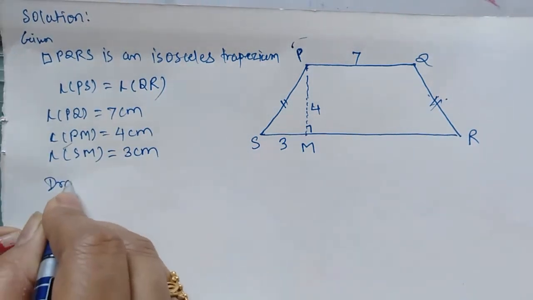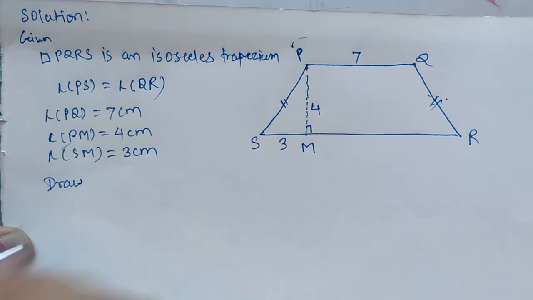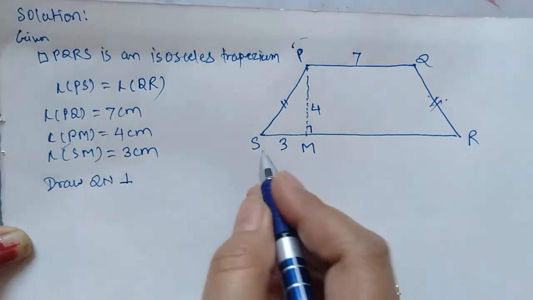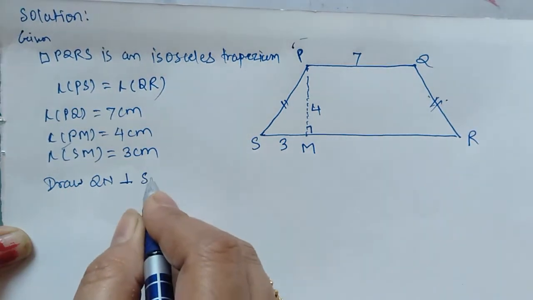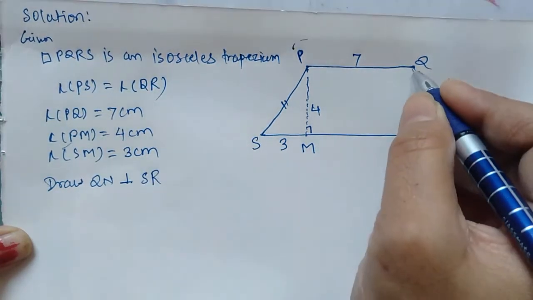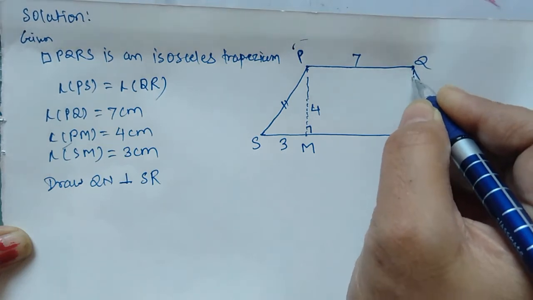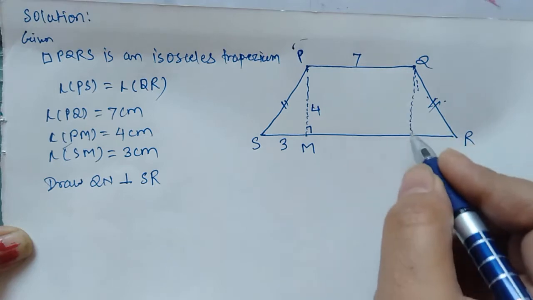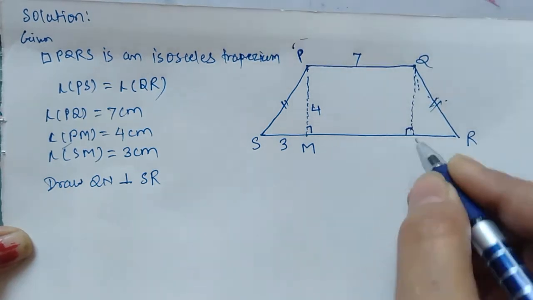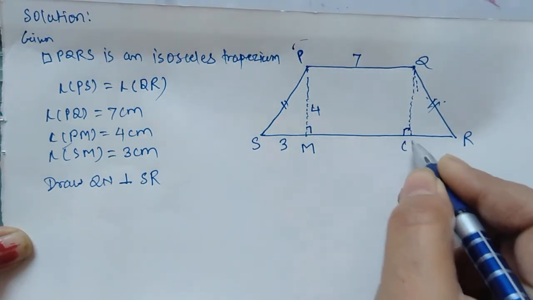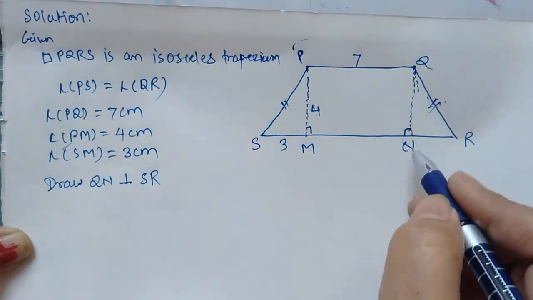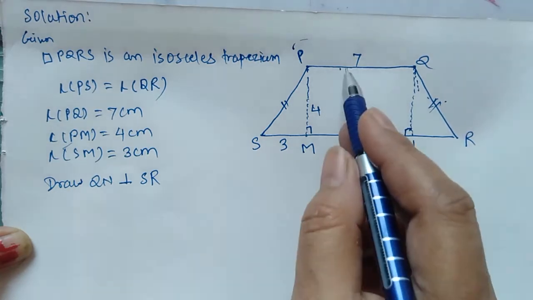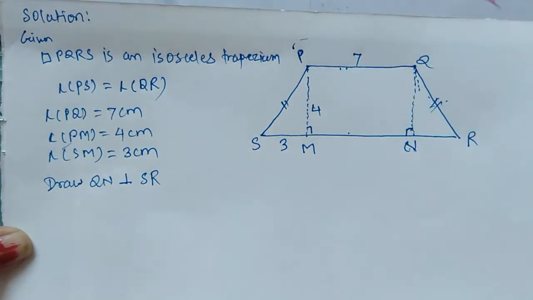Now draw QN perpendicular to SR. So draw the perpendicular from the vertex Q on the side SR, labeled N. So QN is congruent with PM because distance between two parallel sides is the same.